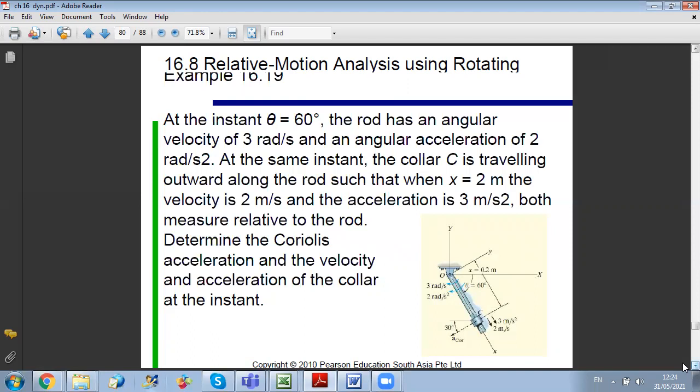At the same instant, the collar C is traveling outward along the rod such that when x equals 2 meters, the velocity is 2 meters per second and the acceleration is 3 meters per second squared, both measured relative to the rod. Determine the Coriolis acceleration and the velocity and acceleration of the collar at this instant.